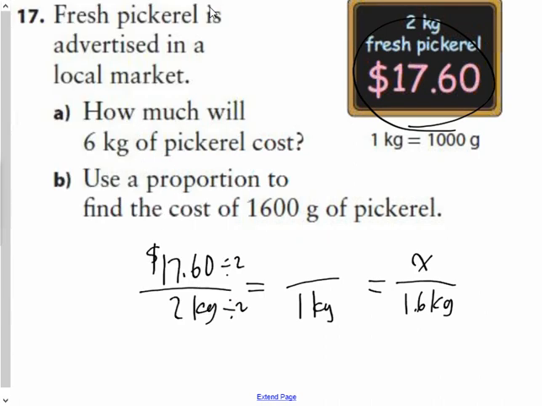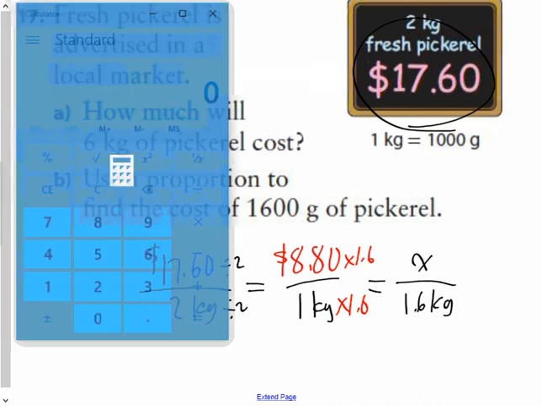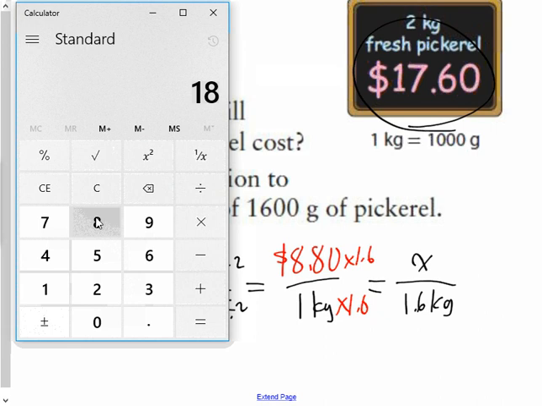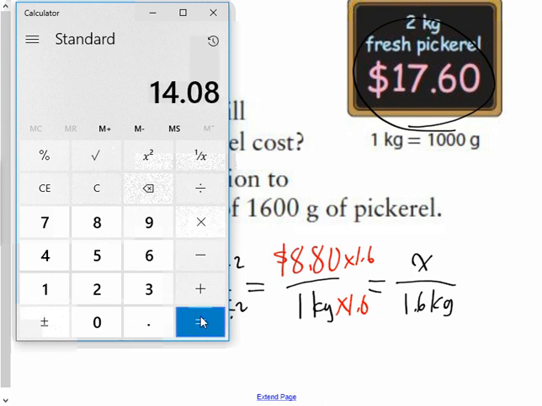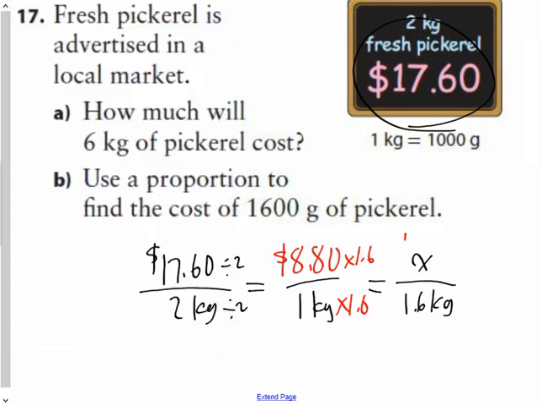That tells me it's $8.80 for 1 kilogram of pickerel, and therefore for 1.6 kilograms, we'd be taking that $8.80, multiplying it by the 1.6 kilograms of pickerel. It tells me it's $14.08 for 1.6 kilograms. Okay, that's using the unit rate method.